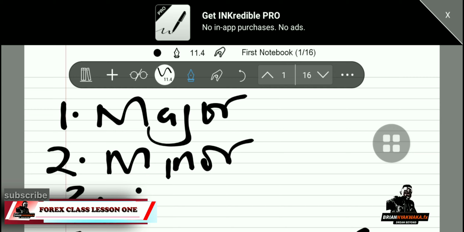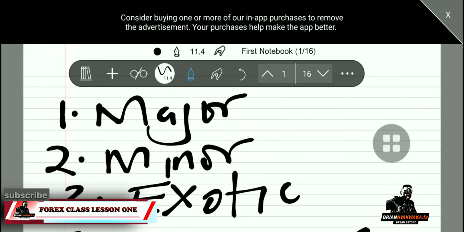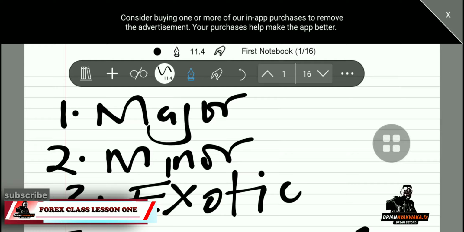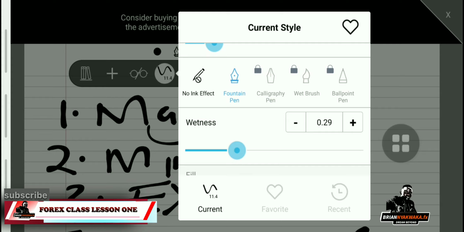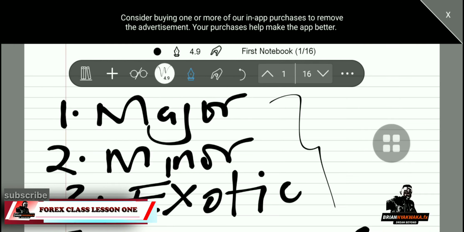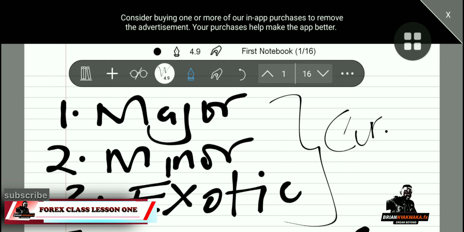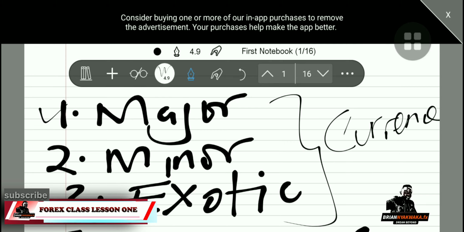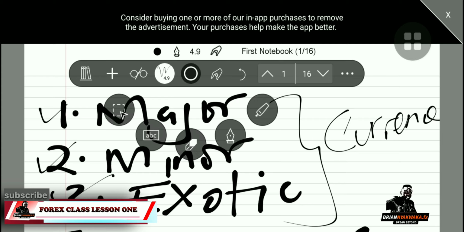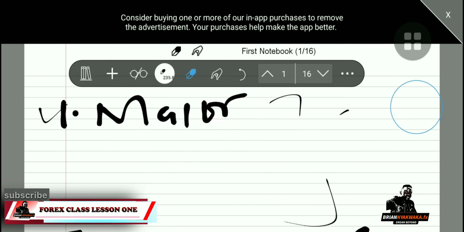Three, we have what we call exotic currencies. So remember, these are the three major types of currencies. So we are going to start by defining what major currency is and their examples, minor currency, and finally what exotic currencies are.